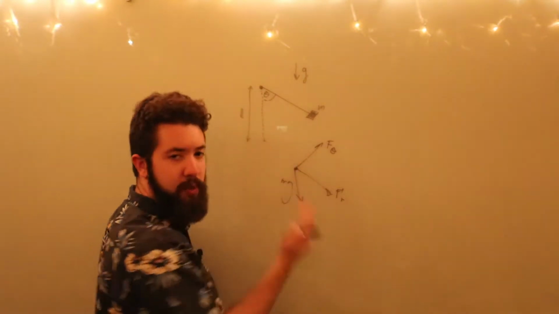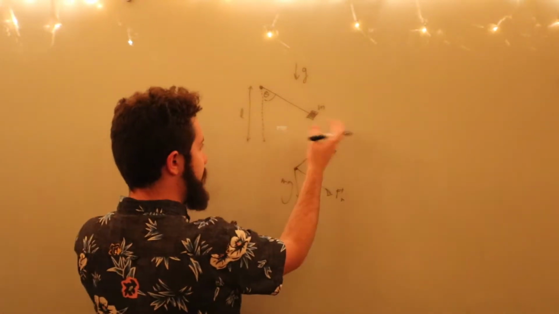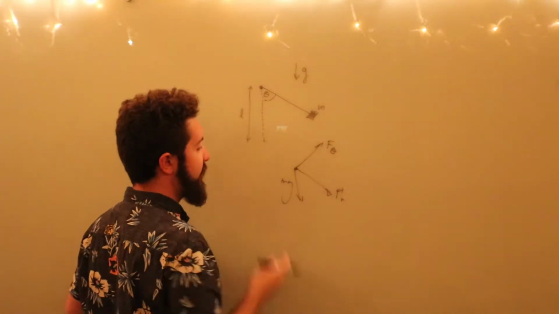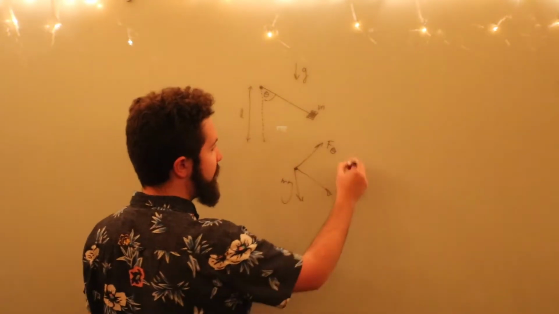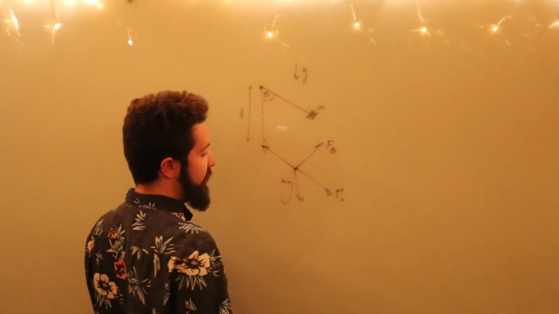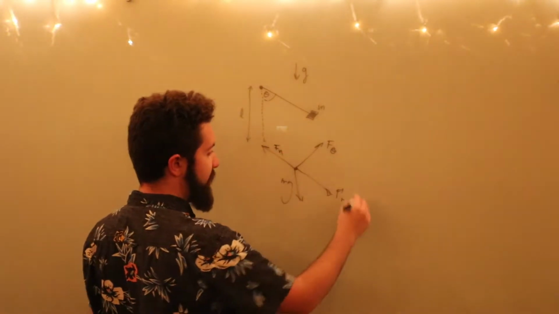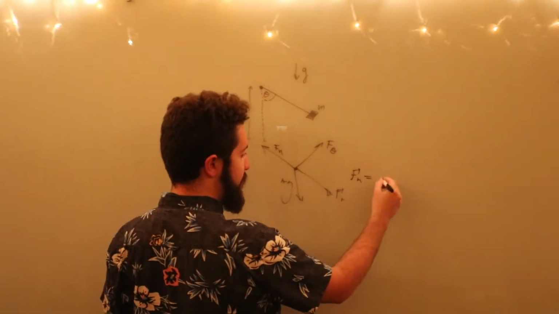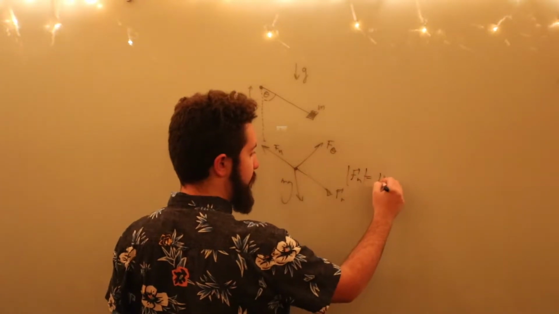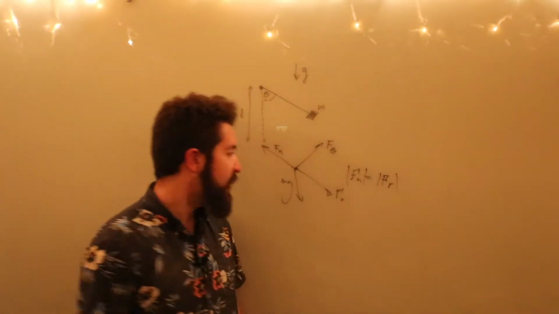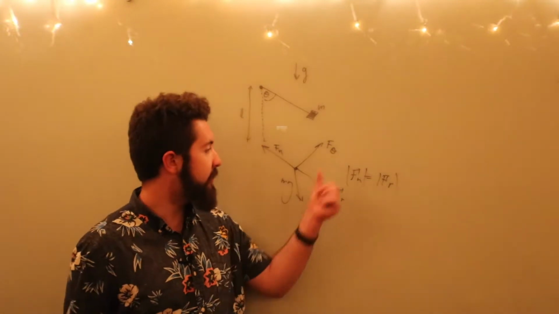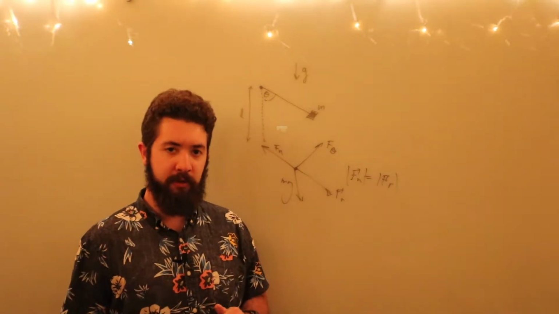This rod is not compressible or stretchable, if you like. It's not elastic. So there's got to be a normal force going in exactly the negative radial direction, and we have to have F sub n is equal to, in magnitude, F sub r. So really all we're interested in is the tangential component of the force.